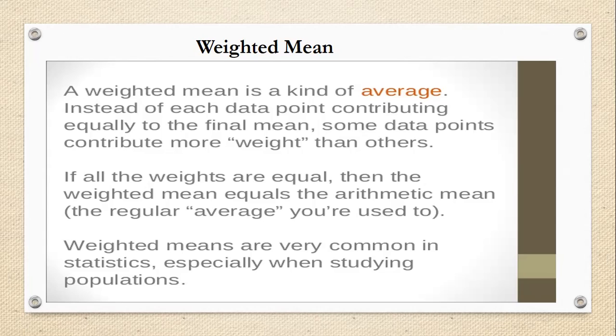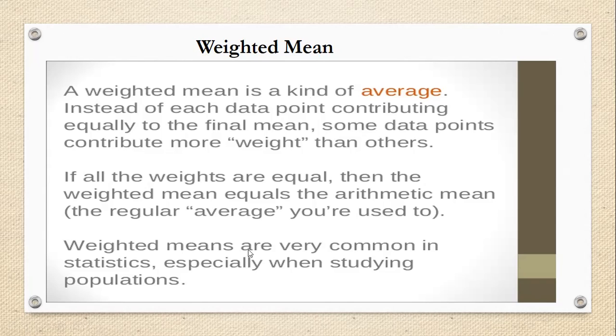So the total is equal to 75 marks, and this 75 marks is distributed across the further events. If the weights are not equally distributed, that is, not all events are given the same weight, then we use the weighted mean.